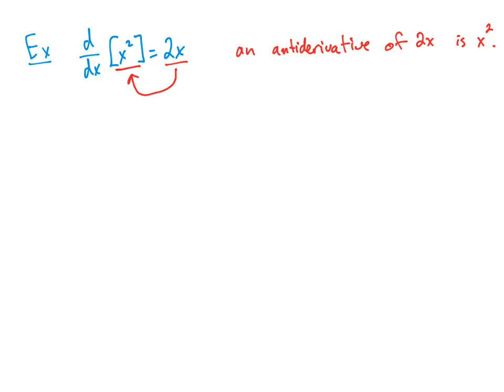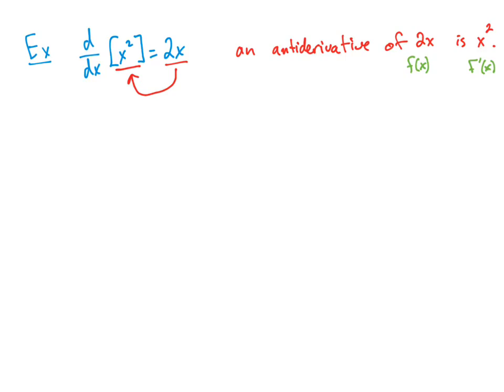So using the notation from the previous slide, 2x is lowercase f of x, and x squared is capital F of x. Anti just means the opposite of something. So antiderivative is like the opposite of the derivative, or we're going in the opposite direction of what we were doing when we were taking derivatives.